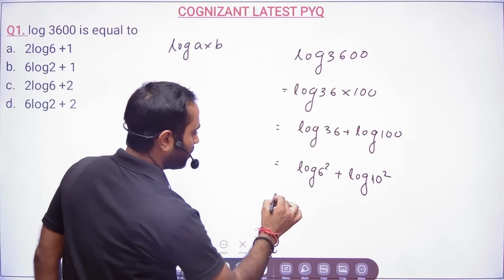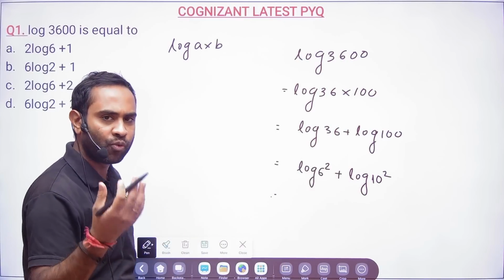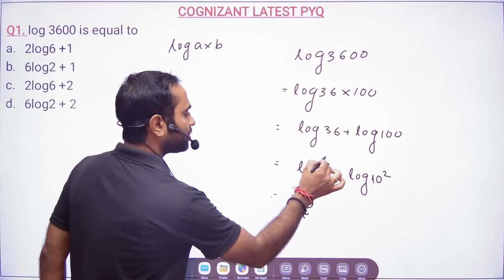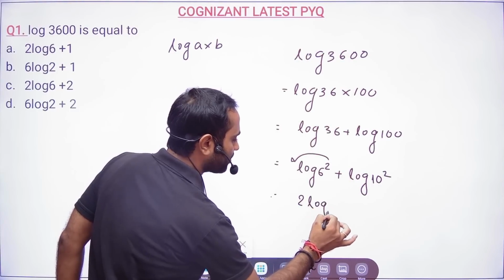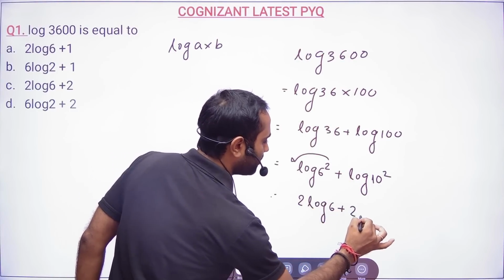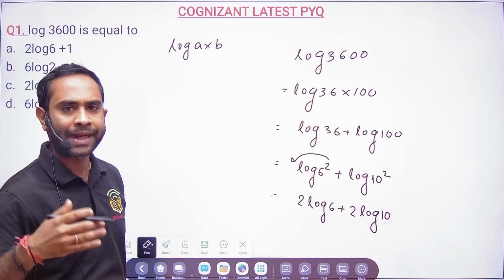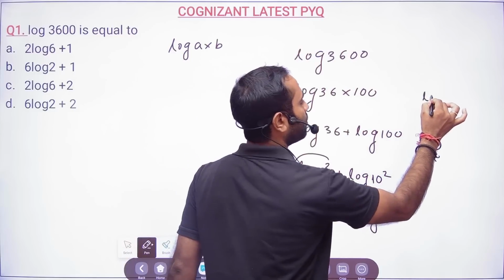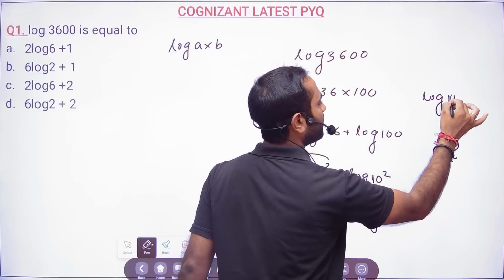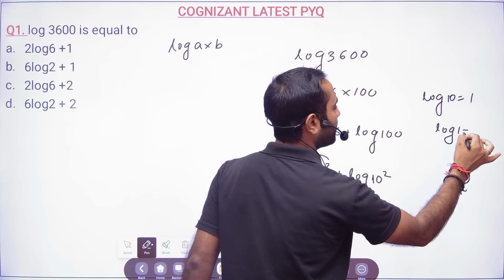Now friends, if we have any square or cube in the argument, that will come and sit in front. So this will become 2 log 6 and this will become 2 log 10. Now log 10 will be equal to 1, and log 1 will be equal to 0.